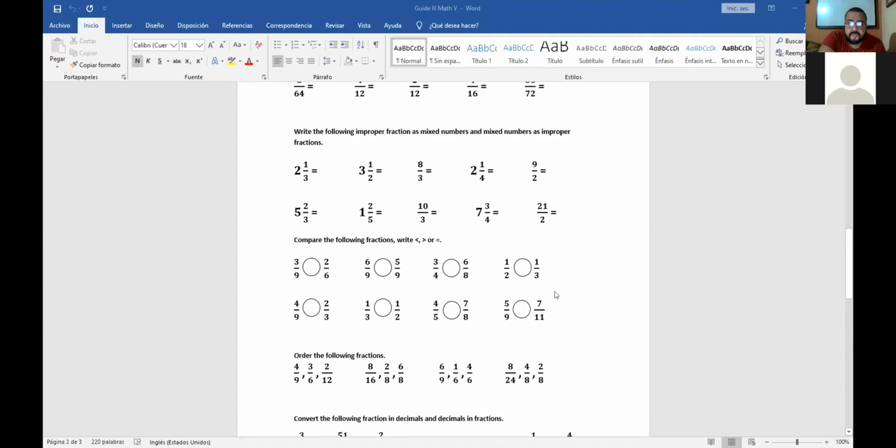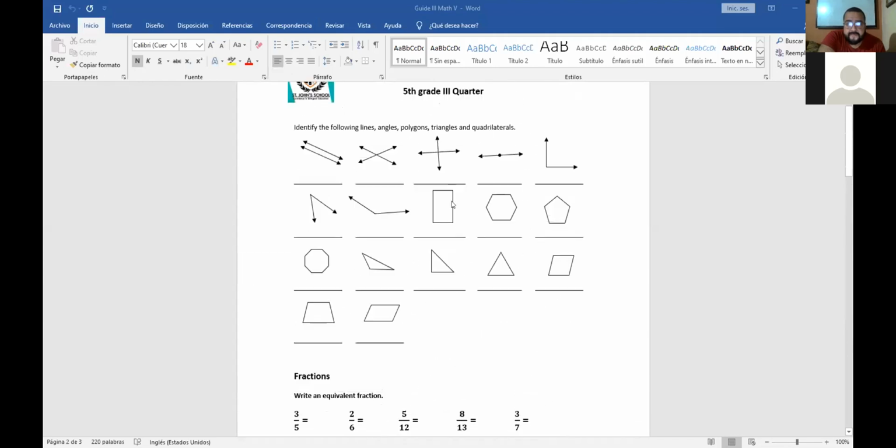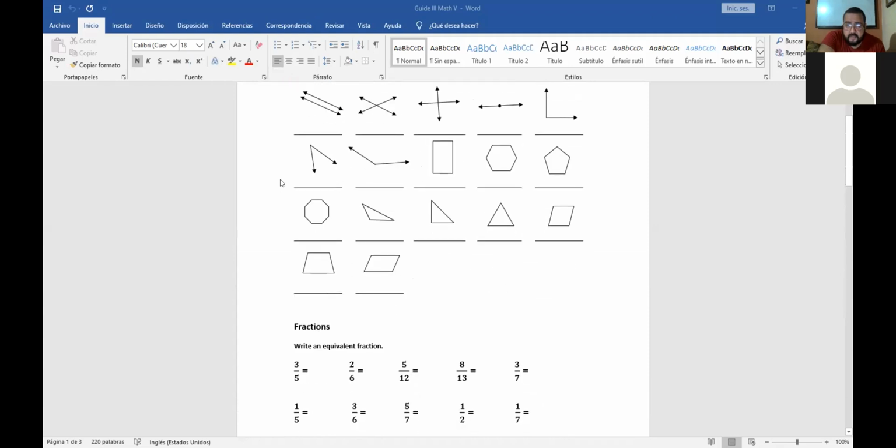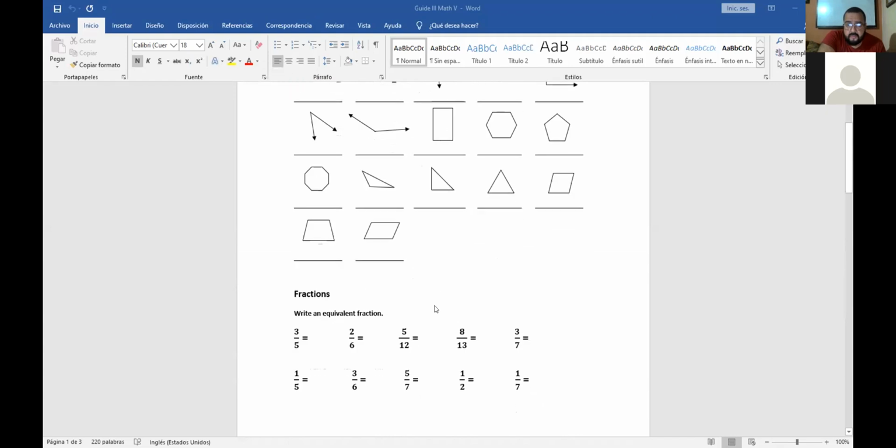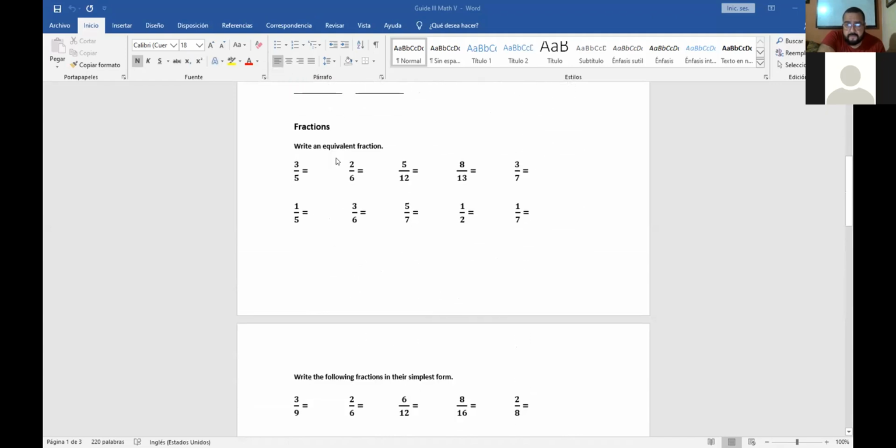Okay, so let's start. Let me show you the math study guide. Here it is. So we already did this part of the study guide in the classroom, so we're going to focus our work on fractions.